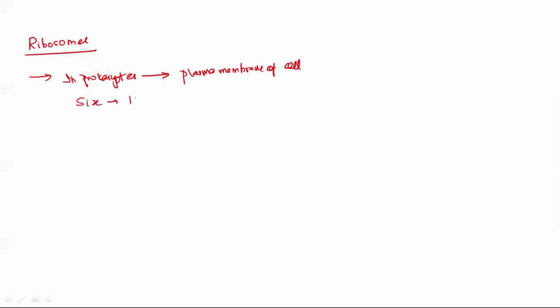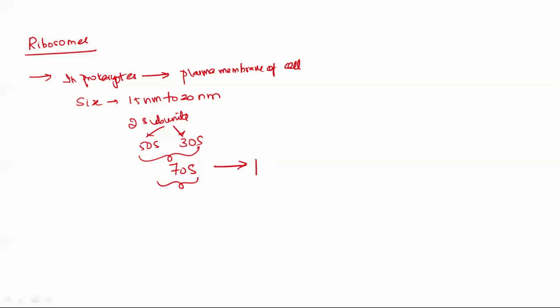Their size is 15 nanometers to 20 nanometers, and they are made up of two subunits, that is 50S and 30S, and together they form 70S ribosomes. They are mainly for protein synthesis.